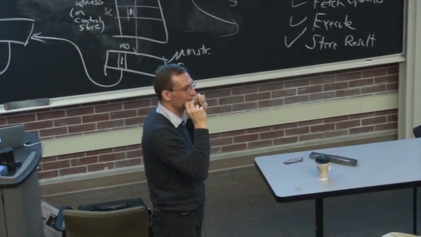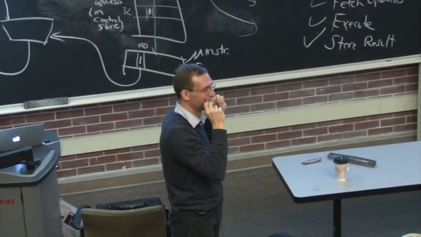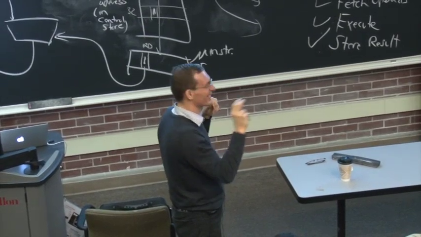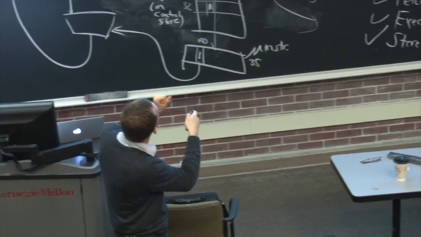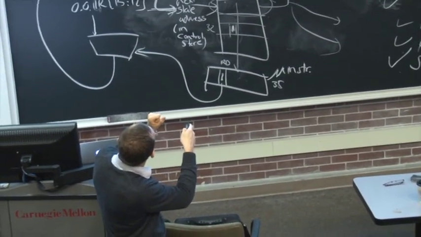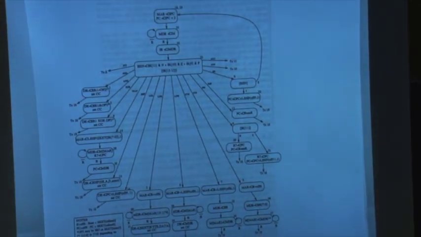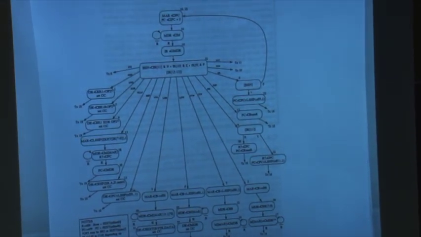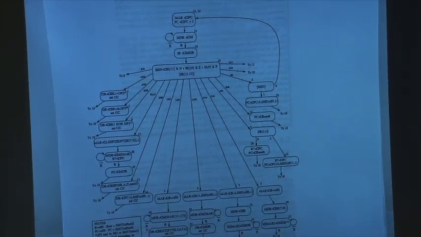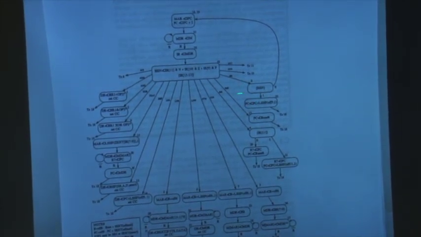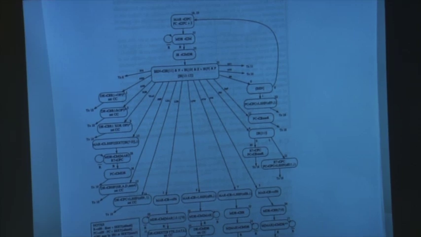There's more control signals. So, I didn't quite understand that. But maybe. So the reason is you need to get to this place from multiple places. And I guess it's not apparent here. Well, it could be apparent here.